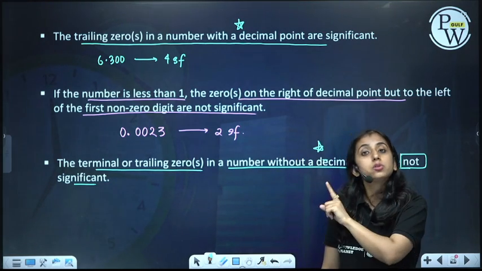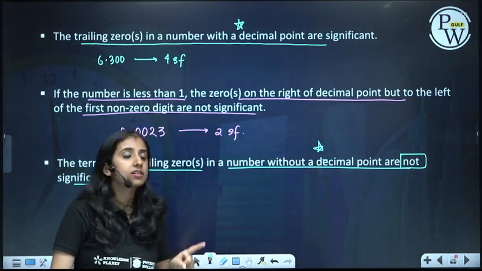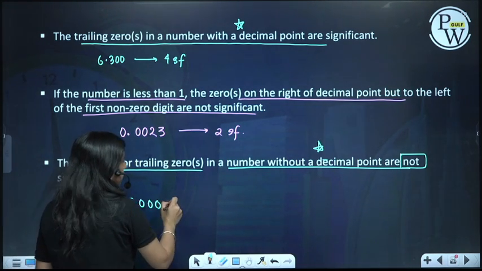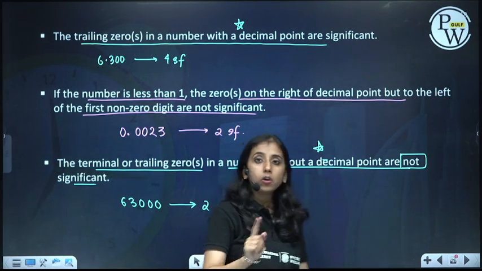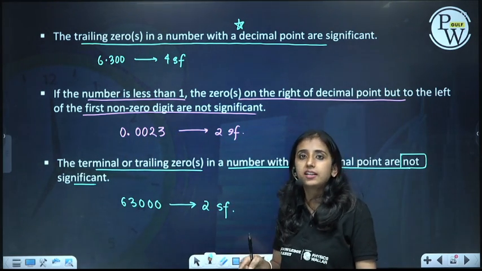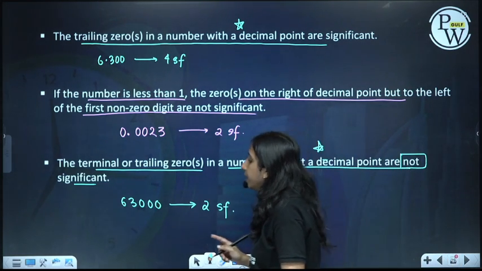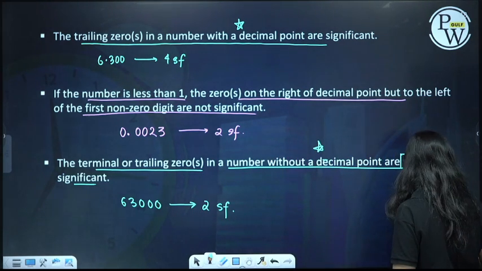If my number does not have a decimal point, then the zeros are not significant. An example is 63,000. It will only have two significant figures. No decimal, zeros are not significant. Decimal is present, zeros are significant. This is the rule for terminal or trailing zeros.